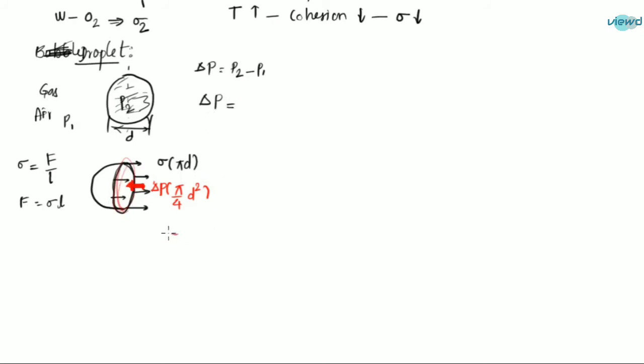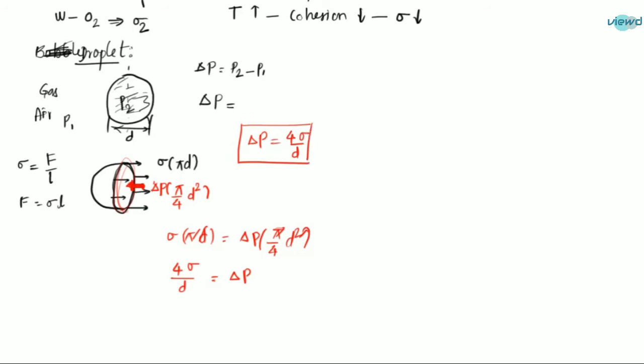So if we equate this both, sigma into pi d is equal to delta P into pi by 4 d square. We get d gets cancelled, and pi, and 4 sigma by d is equal to delta P. So we get delta P is equal to 4 sigma by d for a liquid droplet.